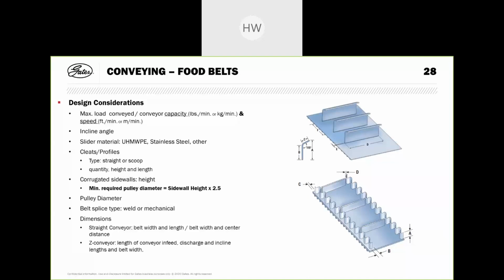And therefore, for these applications, you use mechanical splice. The Posi-Gate Posi-Lace splice would be the best solution for that because it's very easy to disassemble and to reassemble a belt in the conveyor.